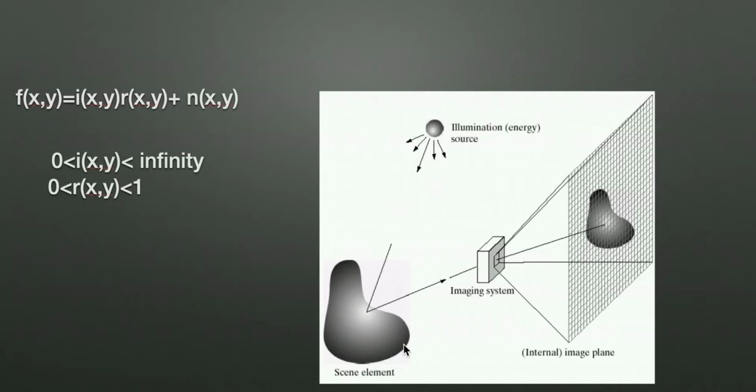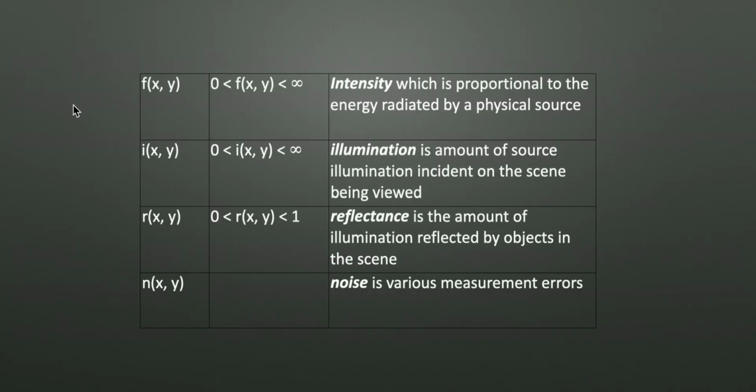That's an additional factor which distorts and gives some disruption in your image. So now, f(x, y), as I said, is the intensity, proportional to the energy radiated by the physical source, right? So this is the intensity of the light. You perceive objects around you as a form of intensity.